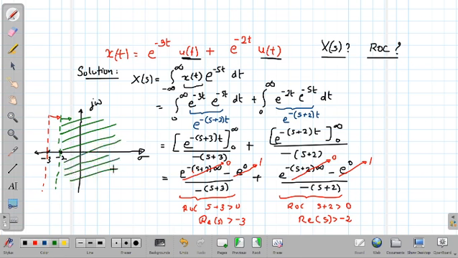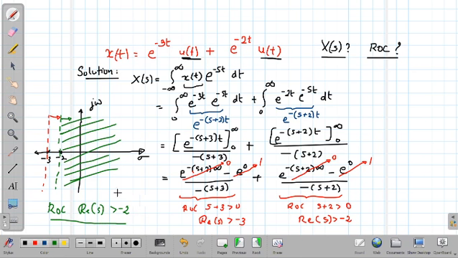Okay, so this is the region of convergence of both terms, and hence the region of convergence of this whole expression is given by real part of s greater than minus 2, where both the terms converge. While the region between minus 3 and minus 2 is not a part of the region of convergence of the whole term, because the second term is not converging in that region, and hence we can take the region of convergence of the whole term as real part of s greater than minus 2.